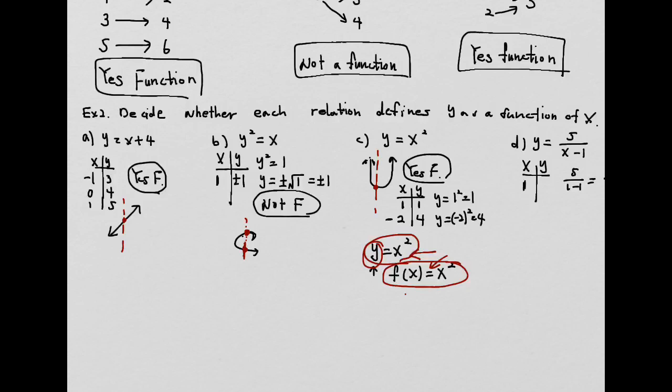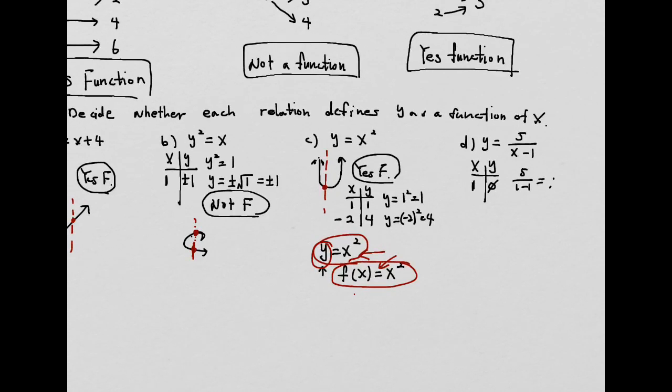This is going to be undefined, because it will be 0 in the denominator. And what if I let x equal a negative number, like negative 2?